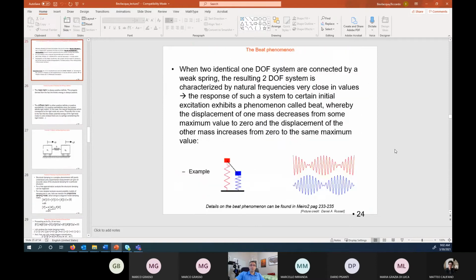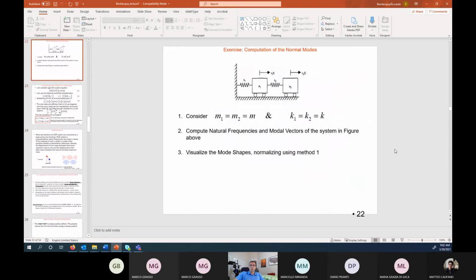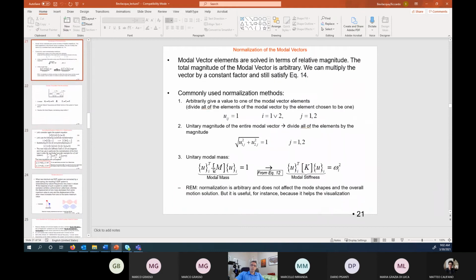Let me go back to that slide. In other words, we normalize the modes like this: U transpose M U is equal to 1.